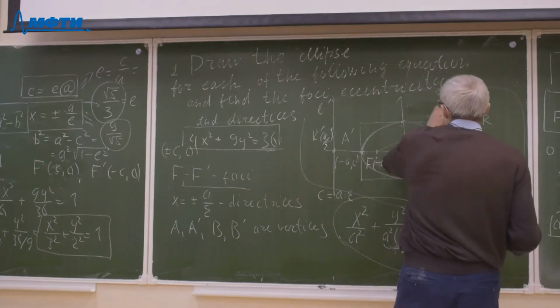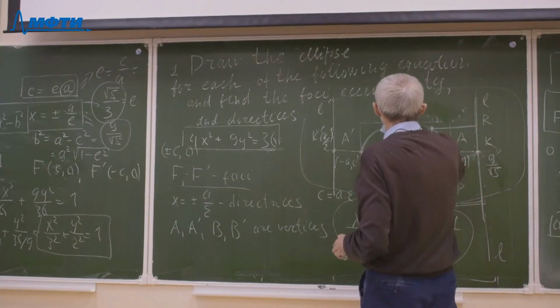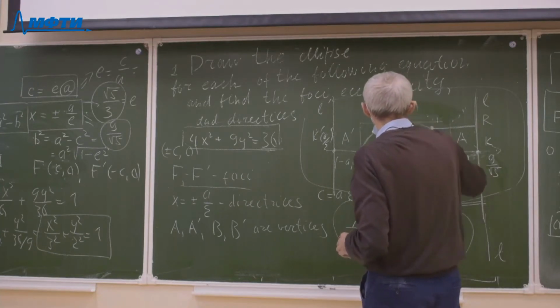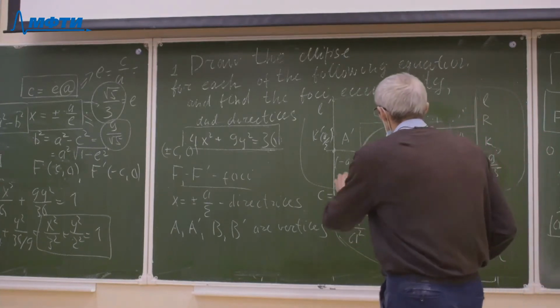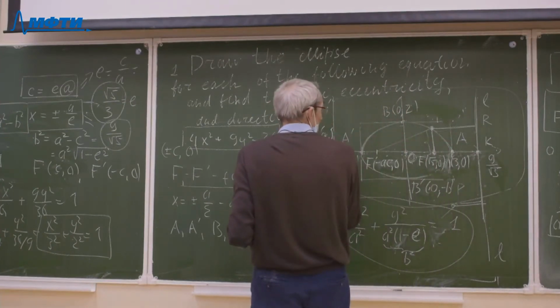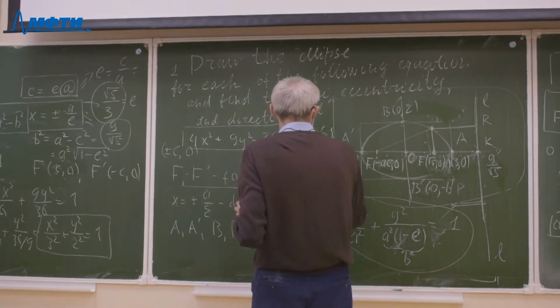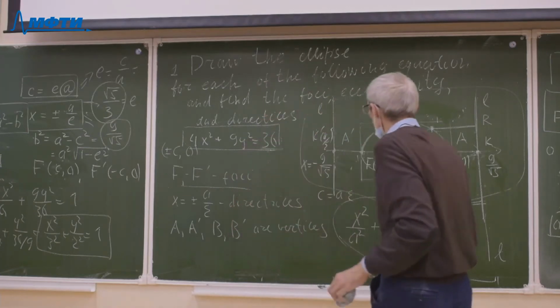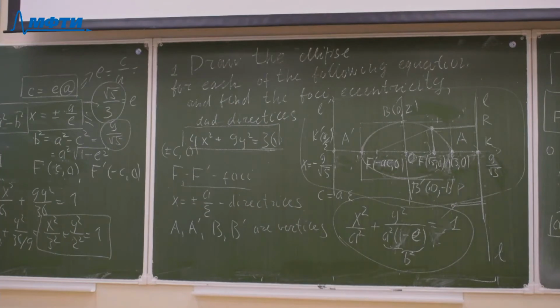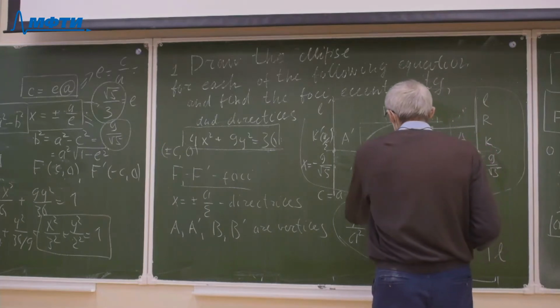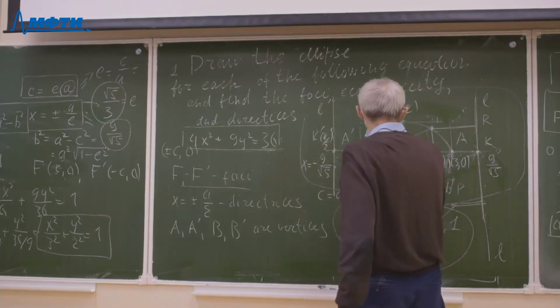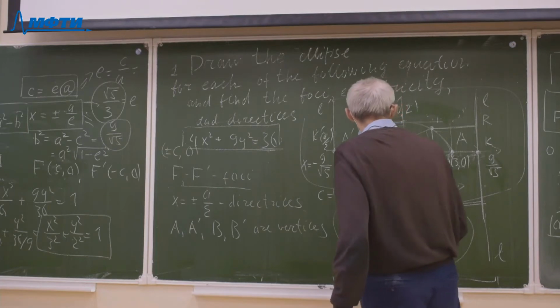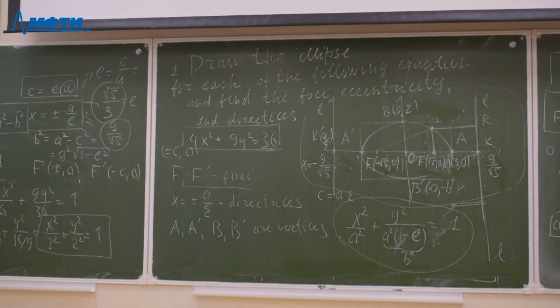The vertex B has coordinate 0, 2. And this symmetric directrix has the equation x is equal to minus 9 over root 5. And the symmetric focus is minus root 5, 0. And we obtain all parameters of our ellipse.